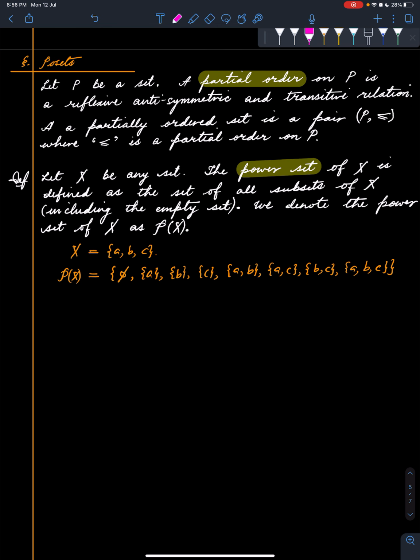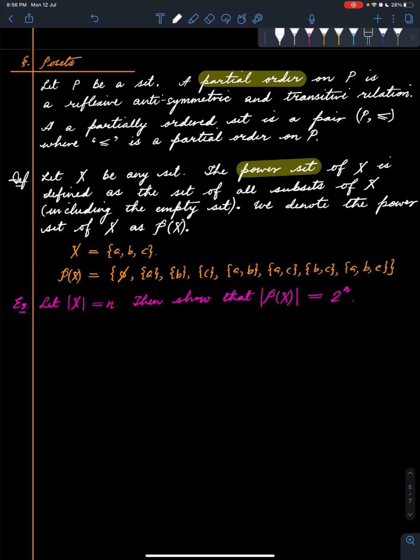Exercise. Let x be an n element set. So if the cardinality of x is n, then show that the power set of x has cardinality 2 to the n.